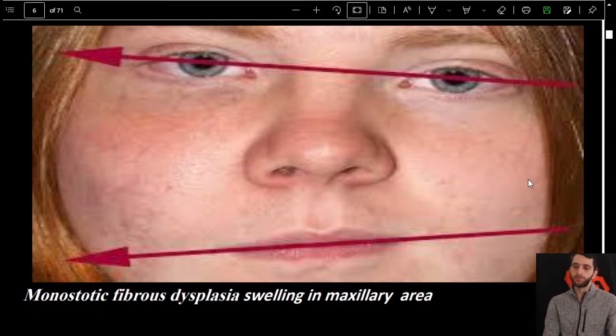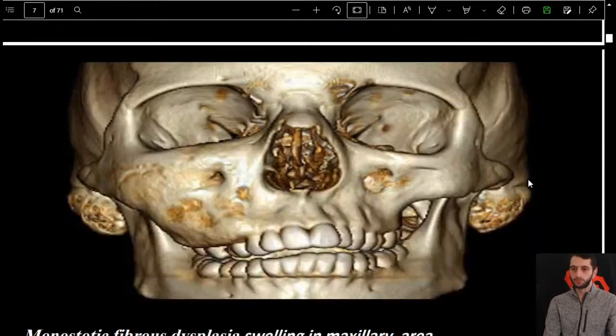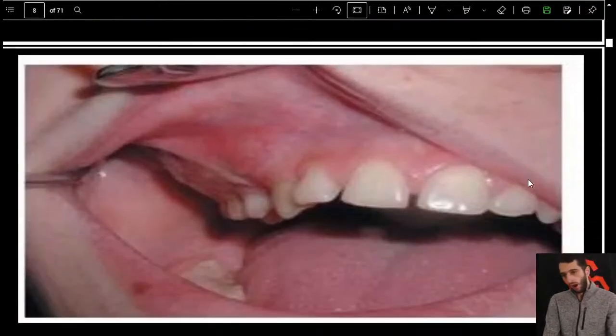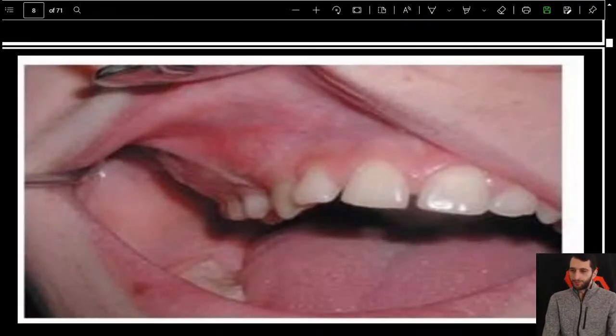Same goes for here. Swelling in the maxillary area. Hope you understand very well. Again we have swelling in the maxillary area.